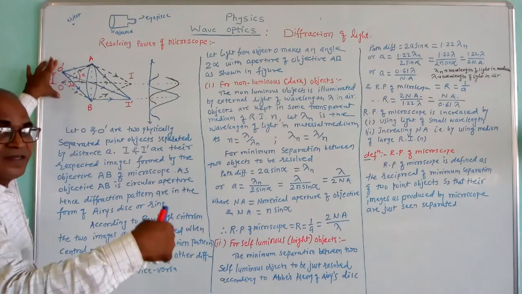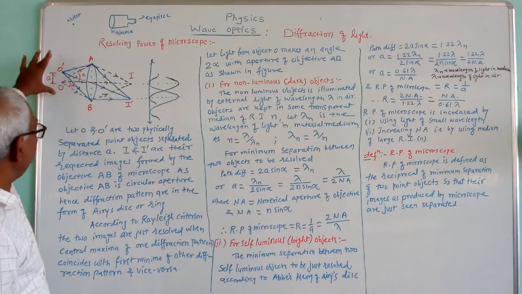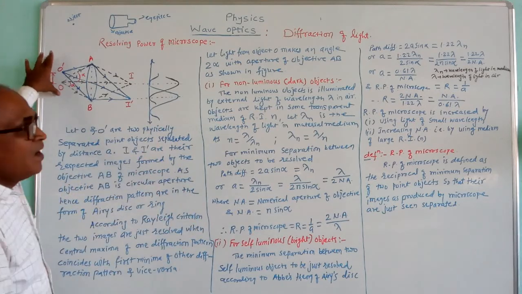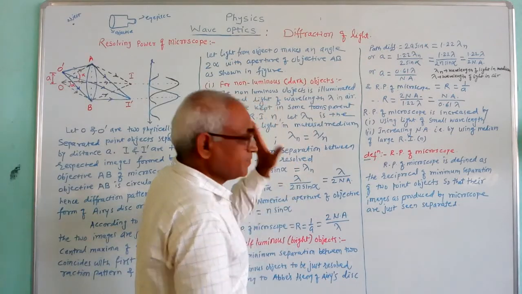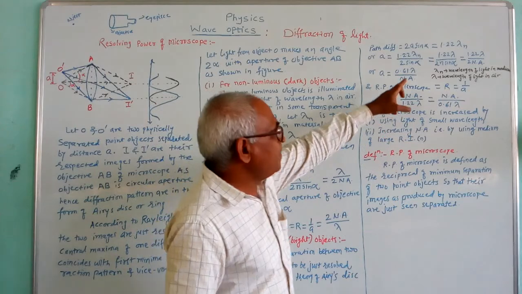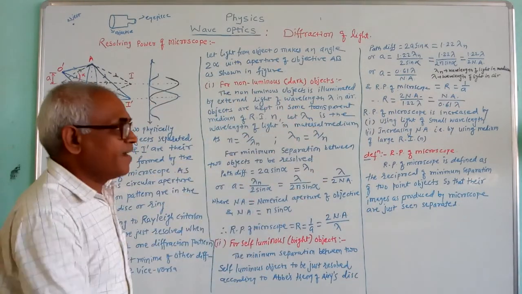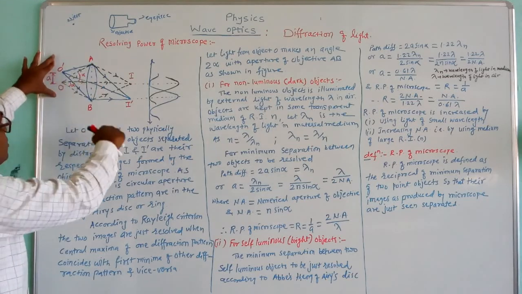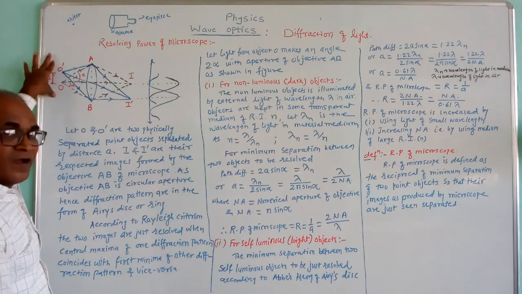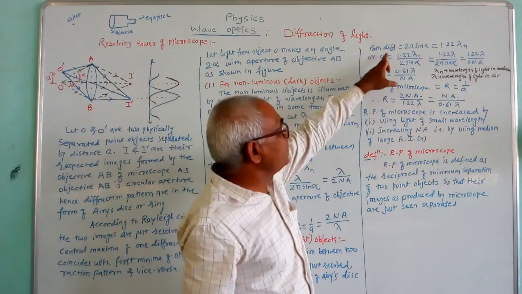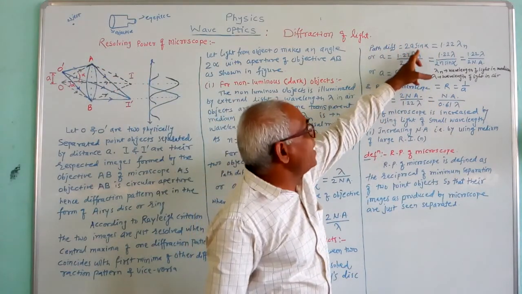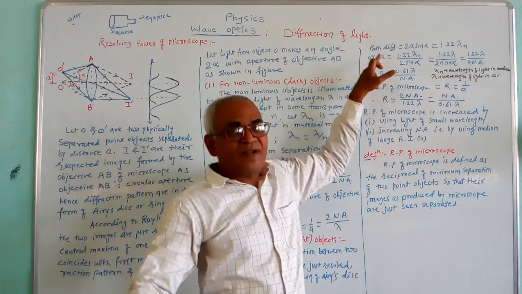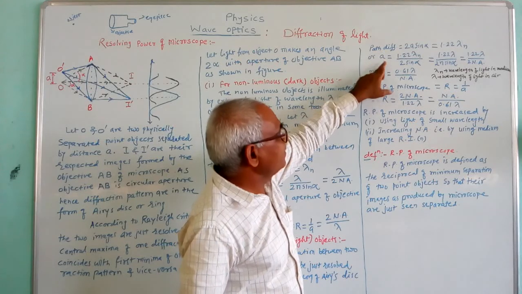And if lambda is the wavelength of light they emit in air, and so as to minimize the reflection, these two self-luminous objects are kept in a medium of refractive index n, then in that medium, if lambda n is the wavelength of light emitted by these objects, then the minimum separation between these two self-luminous objects so as to just resolve, according to Abbe's theory, the path difference between these two should be equal to twice a sin alpha, and that should be equal to, according to Abbe, 1.22 lambda n.